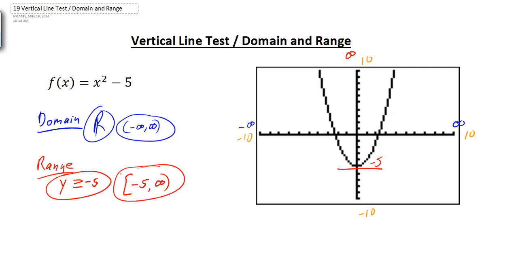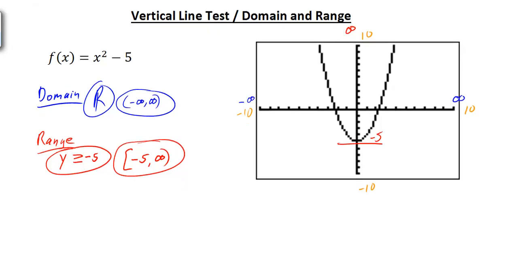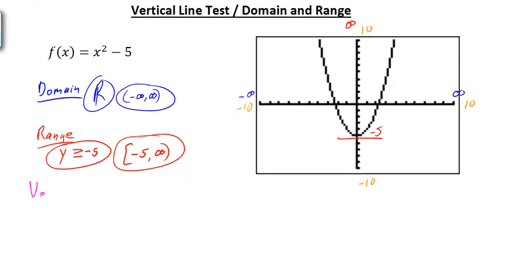Okay, so there's the domain and range. Domain is all real numbers. The range is negative 5 to positive infinity. Now we want to look at using this vertical line test. For the vertical line test, we're simply going to draw vertical lines anywhere along the graph.